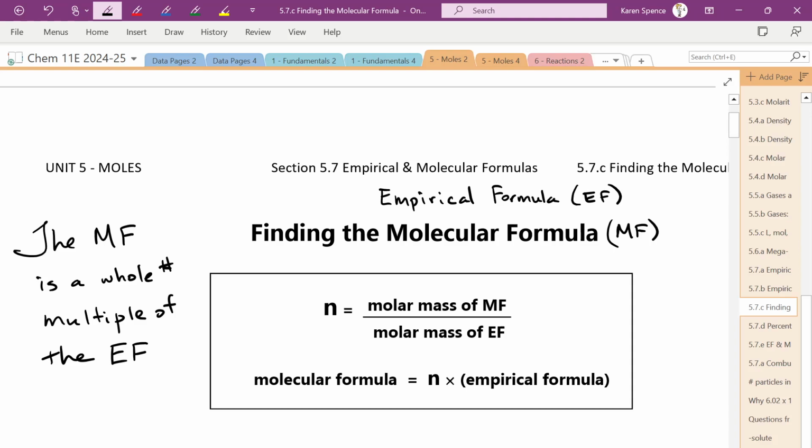Yes, because the empirical formula is the simplified version. So the molecular formula will be some multiple of it. It might just be 1, but it might be 2, it could be 4, it could be 18, all right?